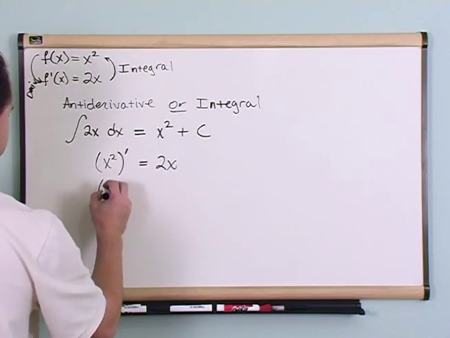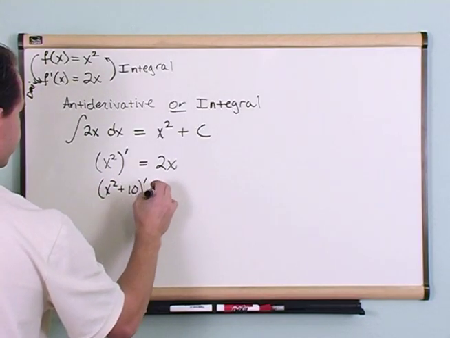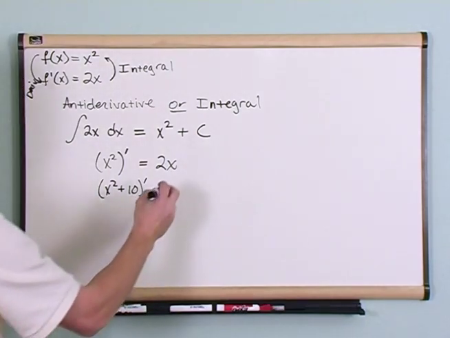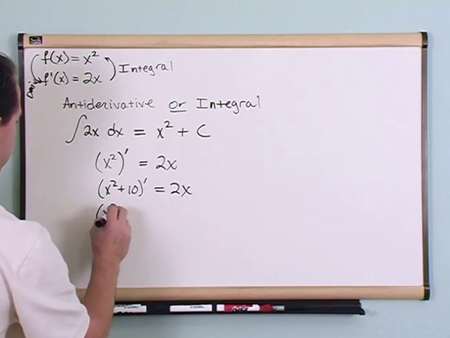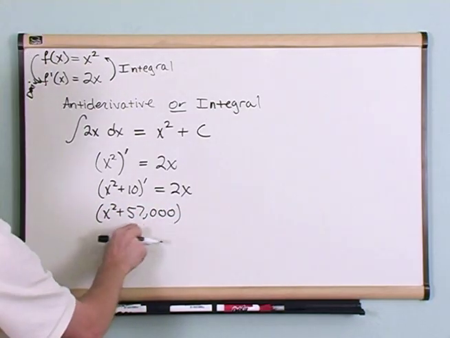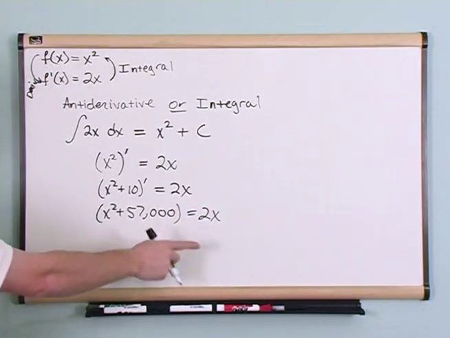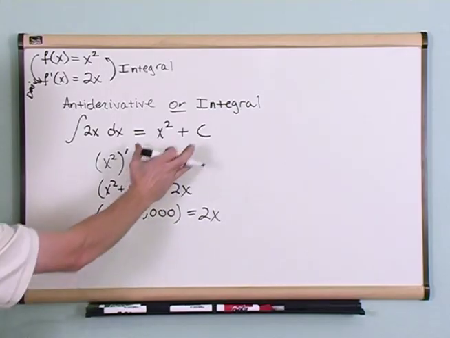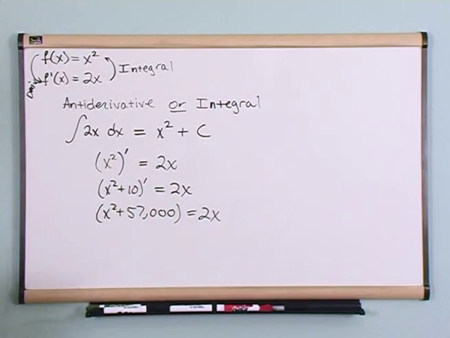Now looky here. The derivative of x squared plus 10, what's this equal to? Well, it's equal to 2x. What is the derivative of x squared plus 57,000? Well, again, this is a constant, so it goes away. So every time I take the derivative of this function here, which we're saying kind of is the answer, I get the same thing back, 2x in all cases.